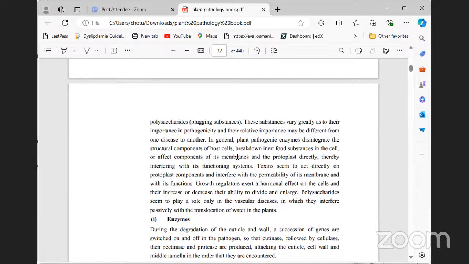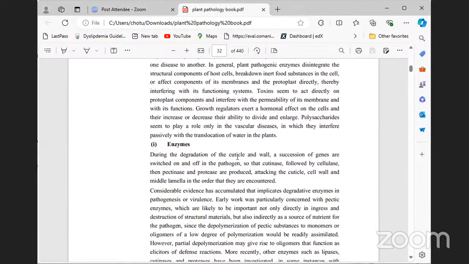The growth regulators exert a hormonal effect on the cell, and increase or decrease their ability to divide and enlarge. The polysaccharides seem to play a role only in vascular disease, where they interfere passively with translocation of water in the plants.